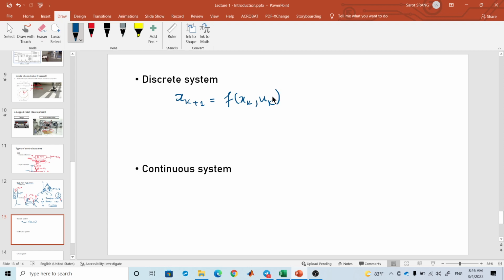So why do discrete systems exist? Actually, when you apply digital control, you program it to compute a certain voltage or a certain amount of input and inject it into the system. You need a certain amount of time to compute, right? Even though your computer is very, very fast, at least it needs some time to compute.